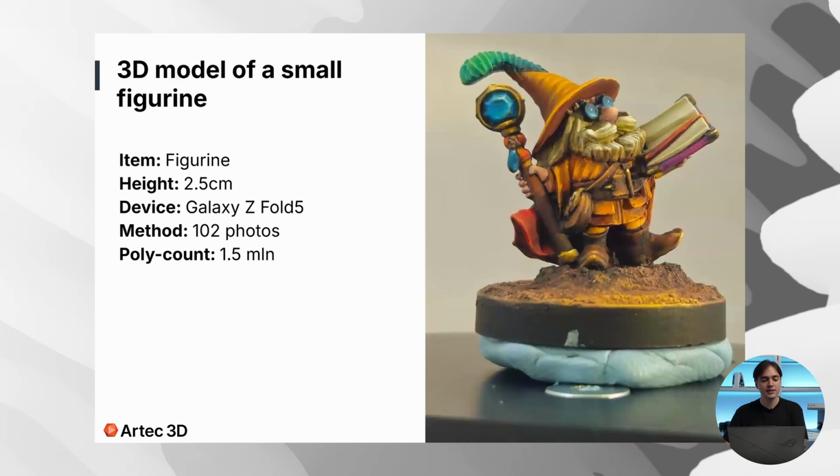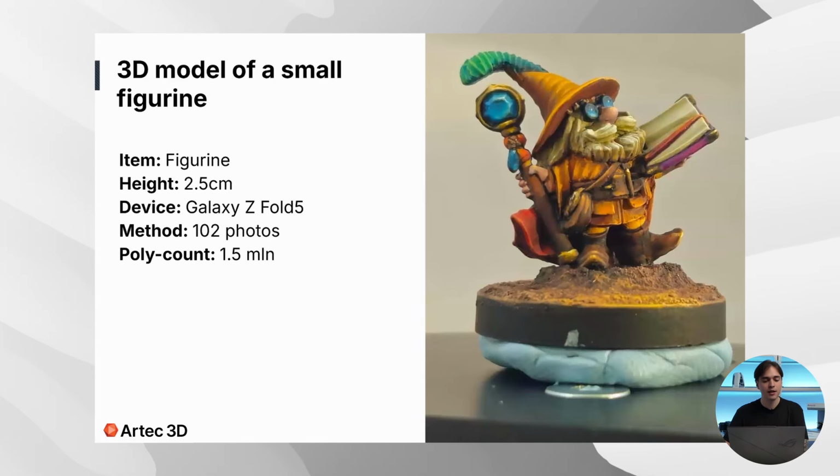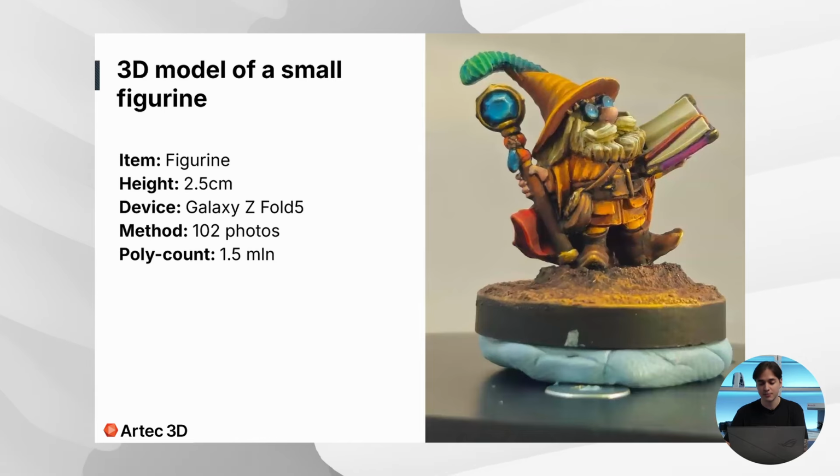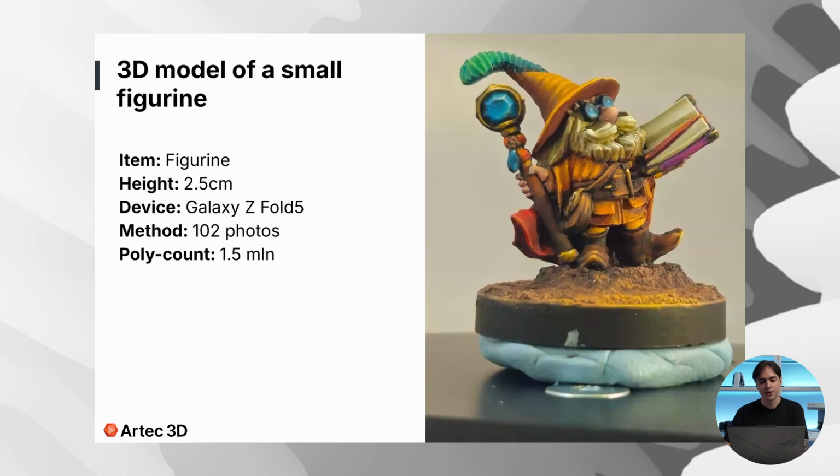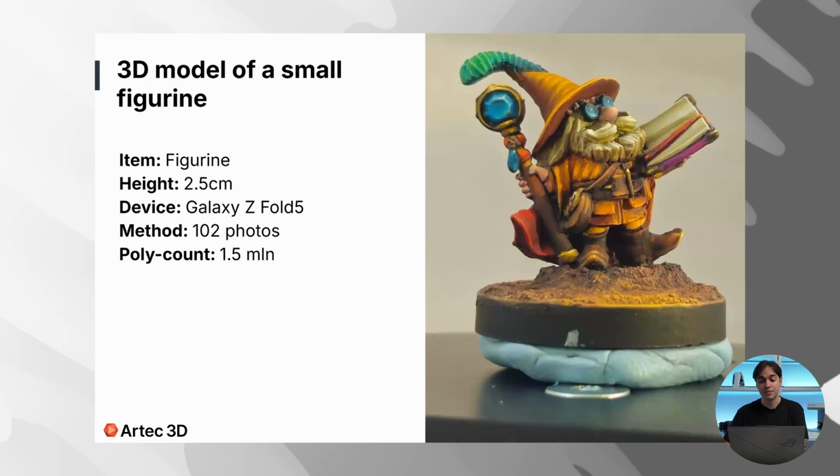Then let's take a look at this example of a 3D model of a small figurine. In this case, we're going from larger models such as a forearm and even a larger Celtic cross to this small figurine, which has been scanned with a Galaxy Z Fold 5 phone, which does not have a particularly great camera.